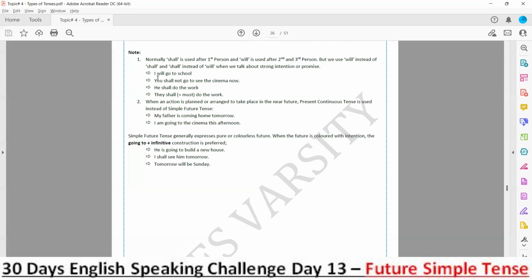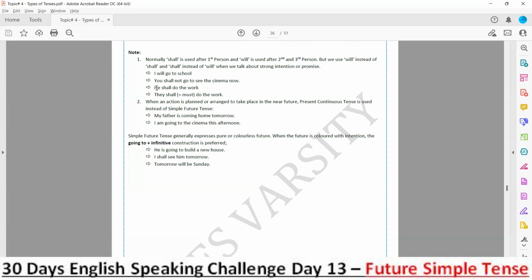Normally we can say you will not go to see cinema now, meaning ऐसे ही बोल रहे हैं. लेकिन अगर कुछ इंटेंशन या सख्ती से बोल रहे हैं हम बच्चे को कि आपको सिनेमा नहीं जाना, लेकिन आप उसको डांट के बोल रहे हैं कि भाई जाना ही नहीं है, then instead of will you will use shall. So you should say you shall not go to see cinema now.